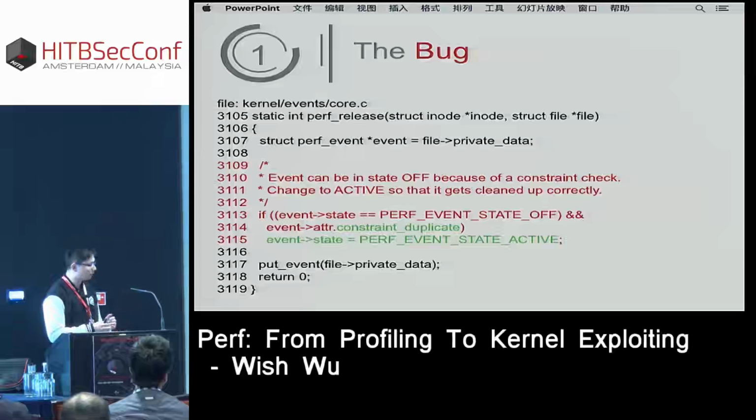If we invoke close on a file descriptor, then we'll invoke perf's release. Once we invoke close and set constraint_duplicate to 1, then the event state will change from off to active again.